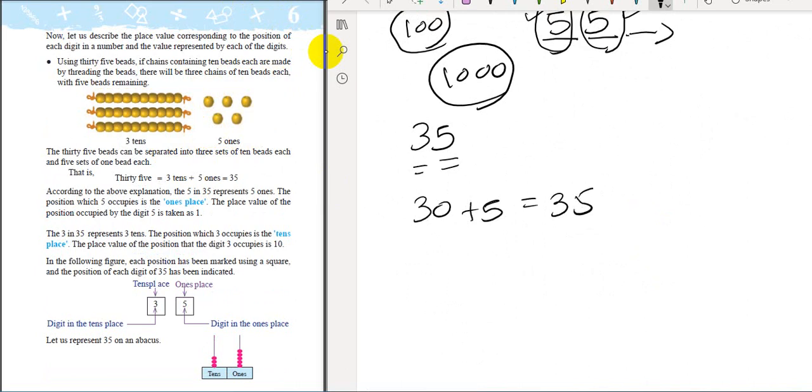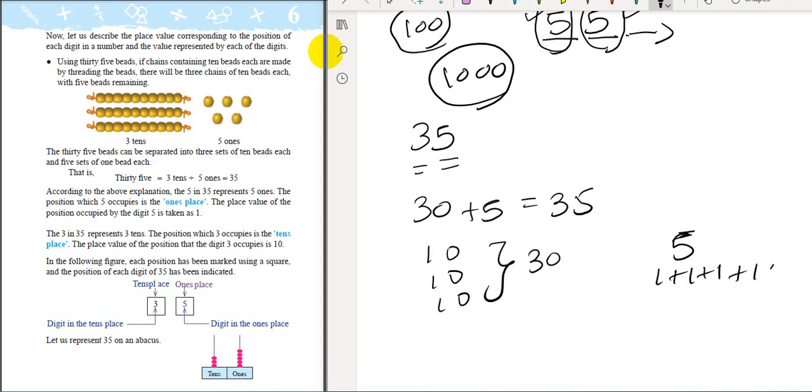To write this I am going to take 10, 10, 10. 3 tens are here and 5 ones. 1, 2, 3, 4, 5 ones are here. So this place is called the ones place. This is the place of that digit.